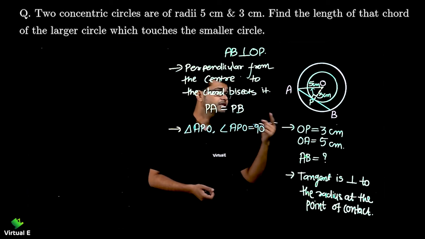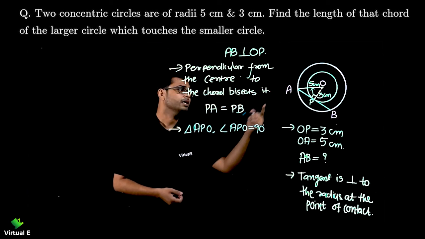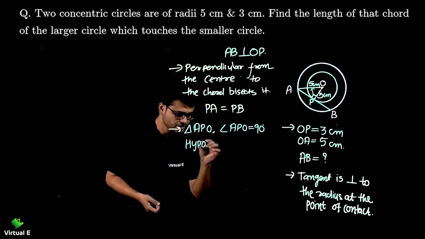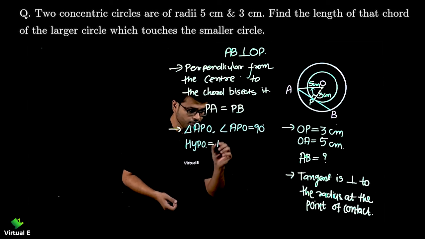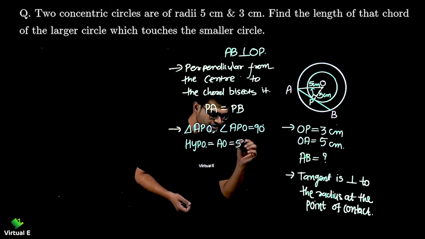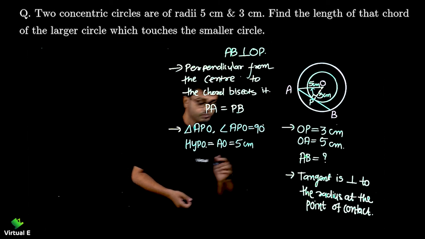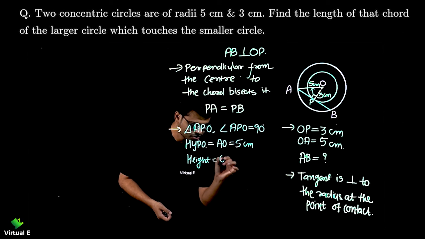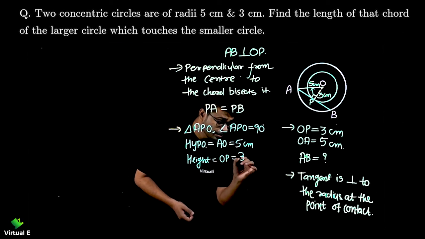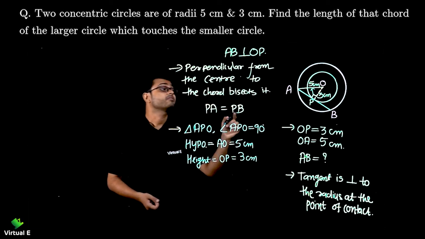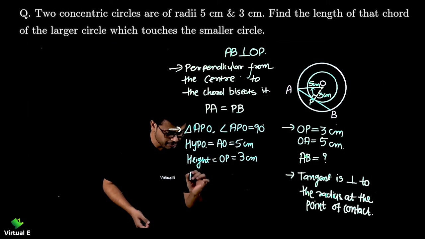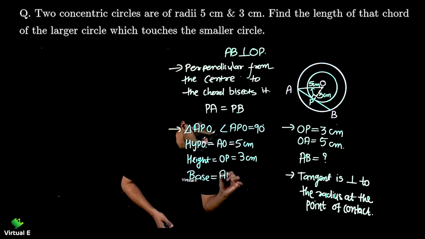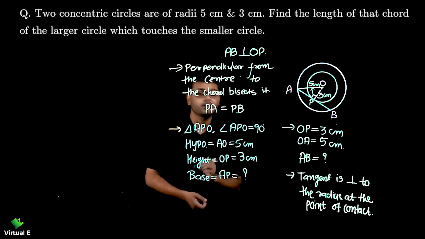So AO is the hypotenuse, PO is the height, and AP you can take as the base. Hypotenuse AO is equal to 5 centimeters. Height OP is 3 centimeters. What we need to find is AP, the base, which is a question mark.